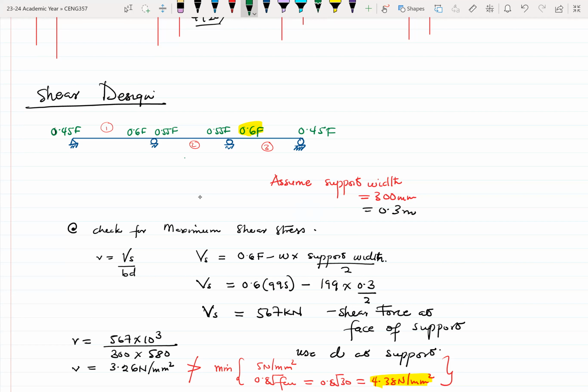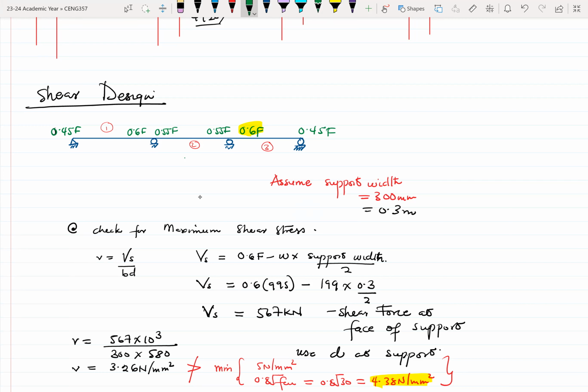Yes, this is what you call conservative design. You are over designing. It might cost your client a bit more money, but in most cases it also protects the building better in case there's any accidental or additional loading. You are good to go, and it also saves time when doing all these calculations.